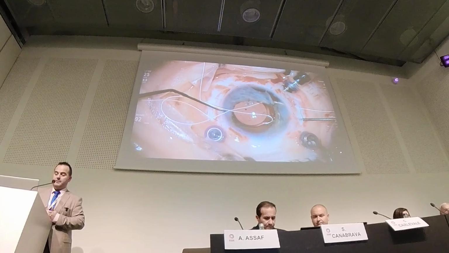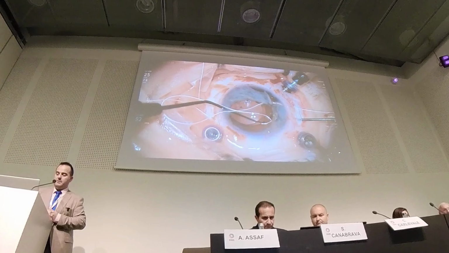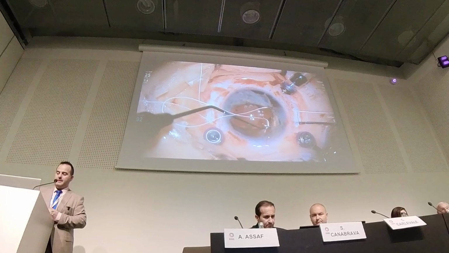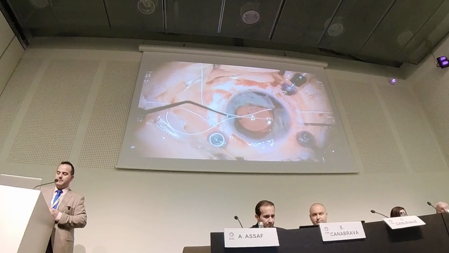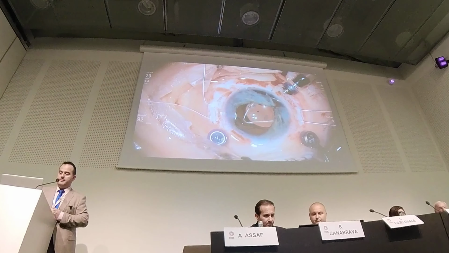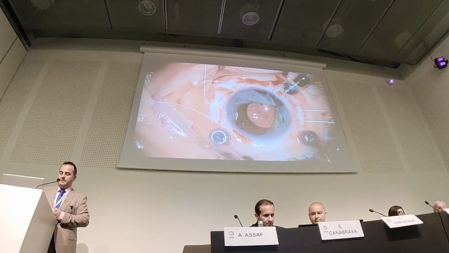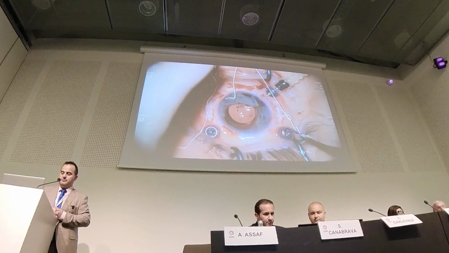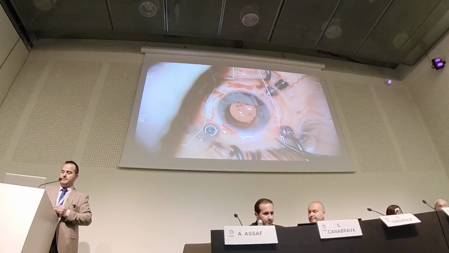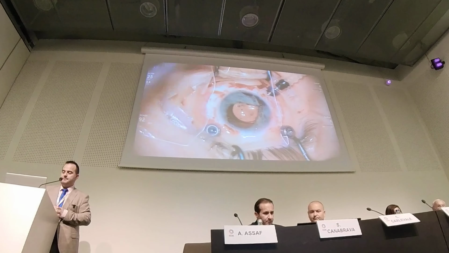So you can even use a second instrument to protect the iris and to guide the suture passing. And again, I will be able to centrate the lens according to what I think is the proper place in the eye.